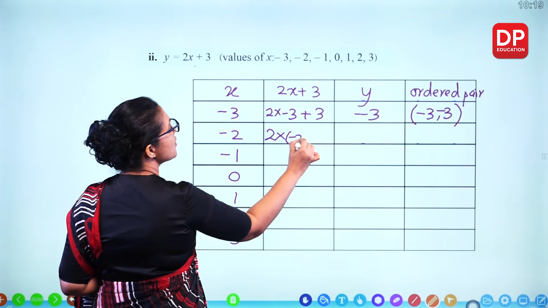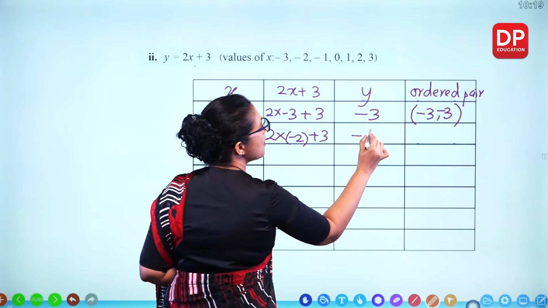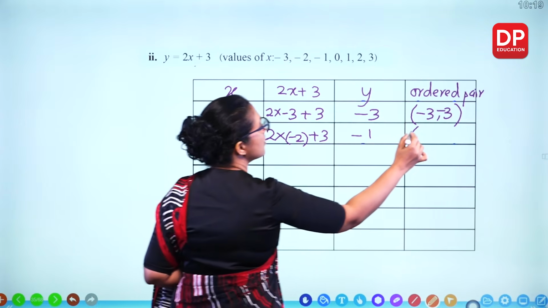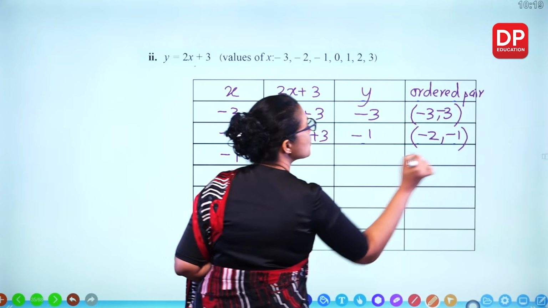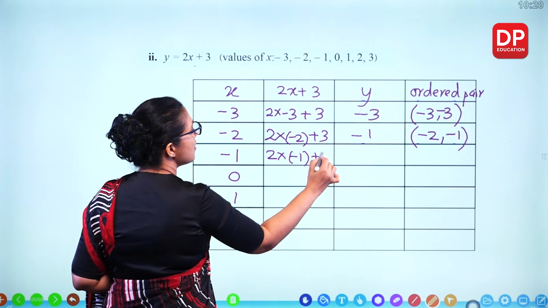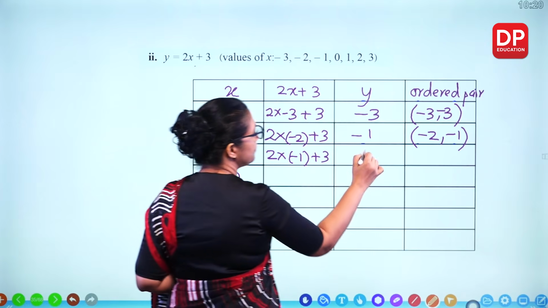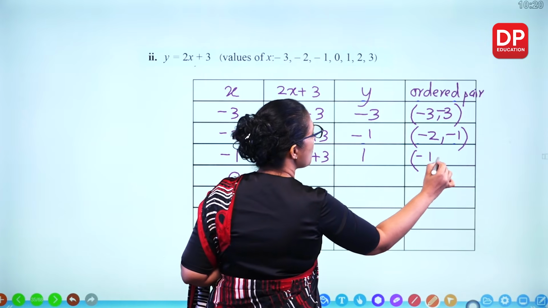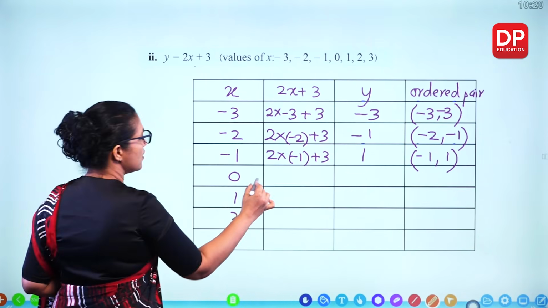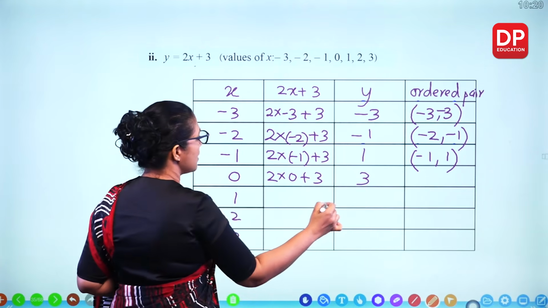2 times minus 2 plus 3, minus 4 plus 3, minus 1. Minus 2, minus 1. 2 times minus 1 plus 3, minus 2 plus 3, you get 1. Minus 1 and 1. 2 times 0 plus 3, you get 3.